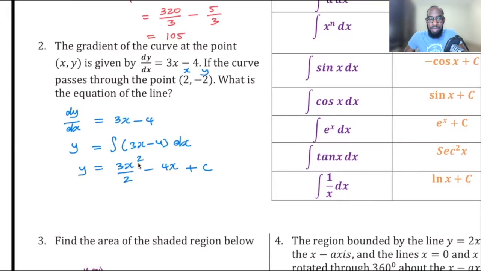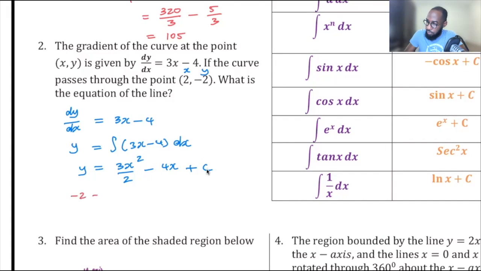When you integrate, this is where you get 3x squared over 2 minus 4x plus c. We have to apply the point (2, negative 2). We need to find out what c is, because the question asks what is the equation of the line. So when x is 2 and y is negative 2, what is c equal to?